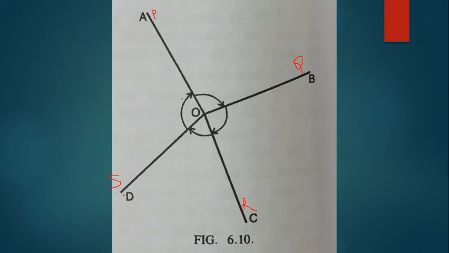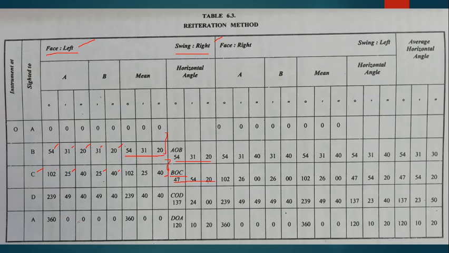Now you can fix the upper clamp and operate the upper tangent screw only for exact bisection of D or S, whichever is there. And if exact bisection is achieved, then you can read both the verniers A and B and record the same onto the tabular form. Now we'll go to the tabular form.